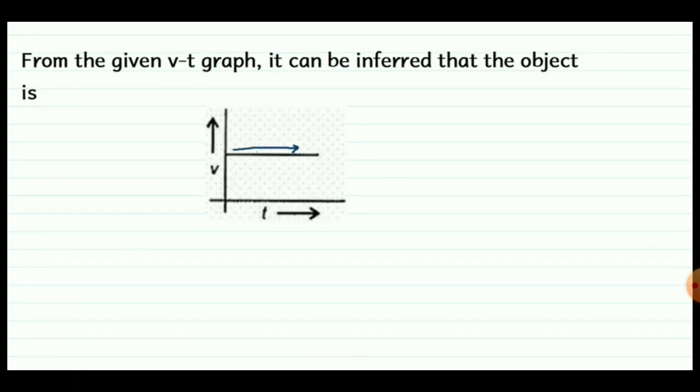By this line which is parallel to the time axis, we can find the ratio of velocity by time, that is acceleration.